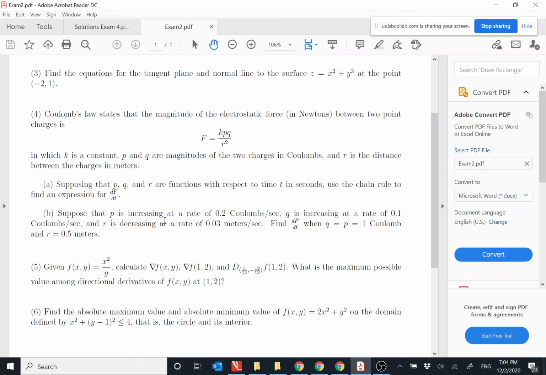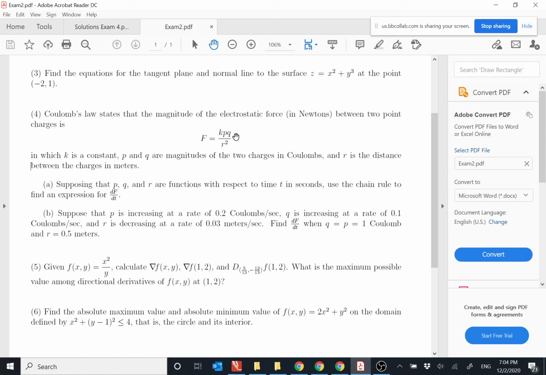Coulomb's law states that the magnitude of the electrostatic force in newtons between 2 point charges is this here. Force is KPQ over R squared, in which K is a constant, P and Q are the magnitudes in coulombs of those 2 point charges, and R is the distance between them in meters.